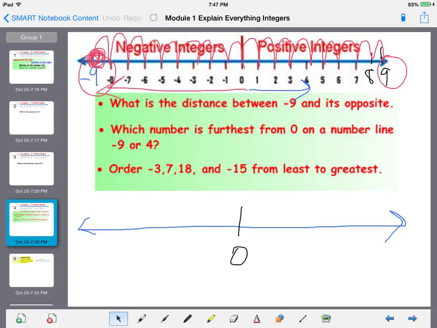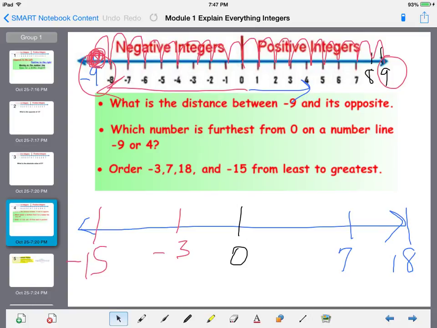He's the one in the middle. Negative 3 would be somewhere over here. Positive 7 would be somewhere over here. Positive 18 would be further out, so let's put him here. And negative 15 would be somewhere over here.